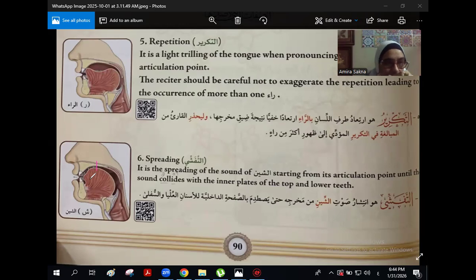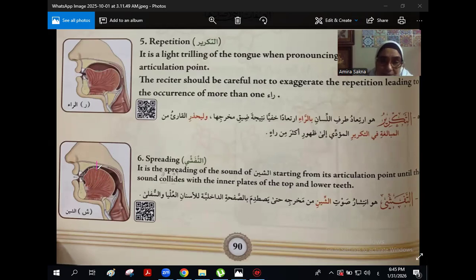Okay? This is the shin. That's why shin is a letter of rakhawa. There is a flow of sound. Ash, flow of sound, and it's a Hams letter, flow of breath. Ash. Because there is already spreading of the sound inside the mouth. The sound began with shin from the articulation point.